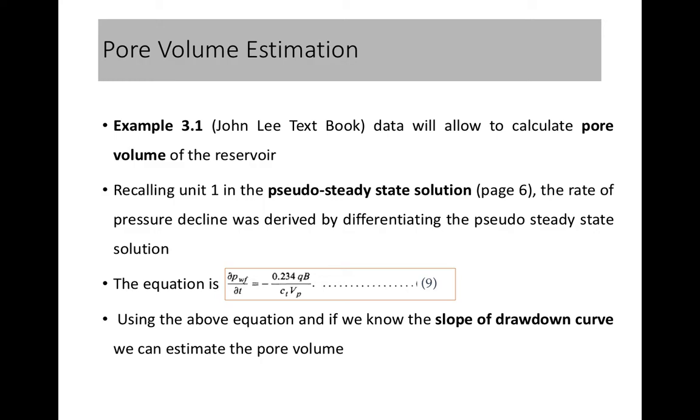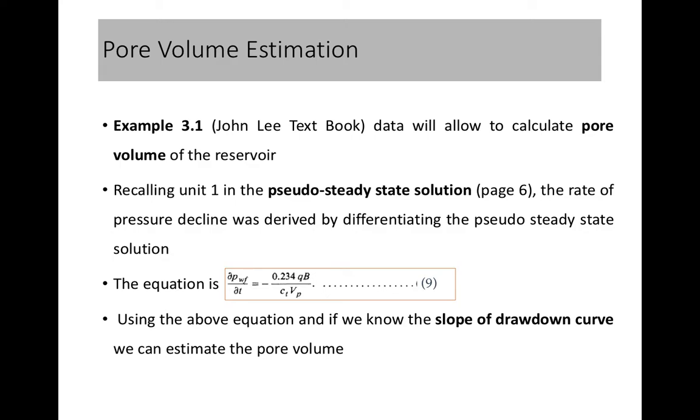Now what you can see is that this equation is showing you the relationship between slope of the drawdown curve and the drainage area volume VP.